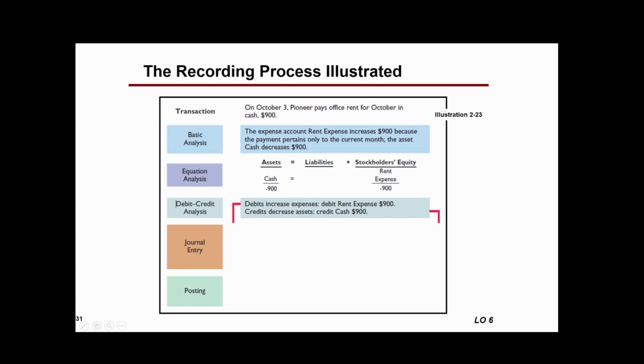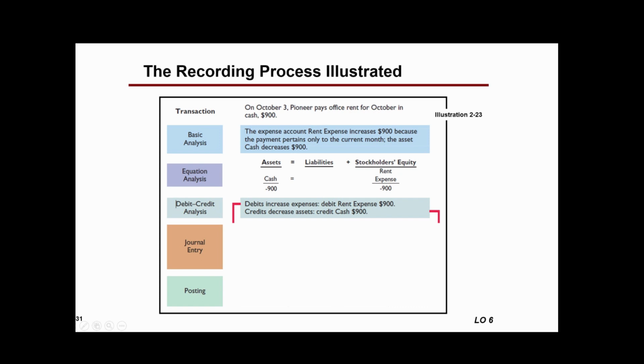Remember, the minus, when you do that, the minus indicates the negative effect on stockholders' equity, okay? Think of it this way, always, if you get mixed up. So you have the two sides of the equation are still equal. Cash has decreased, so we credit cash. Expenses, we have increased, right? So we debit expenses.